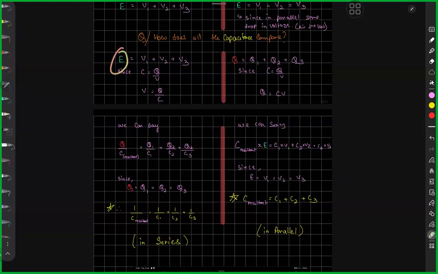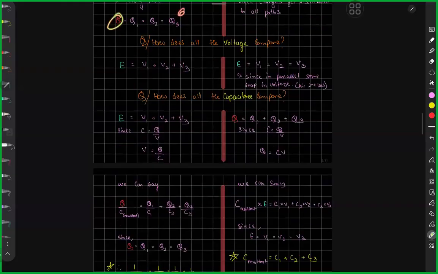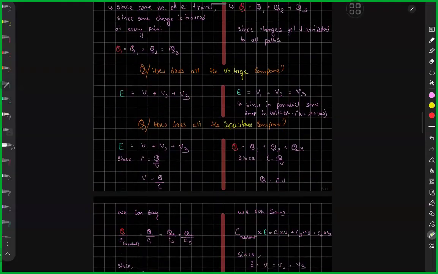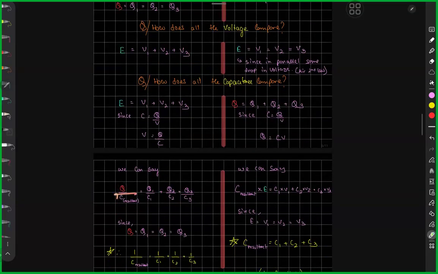So for EMF, what is the charge? Well, Q, right? So charge is Q, and what is the capacitance? Whatever the net capacitance is will be the capacitance over here. Why?